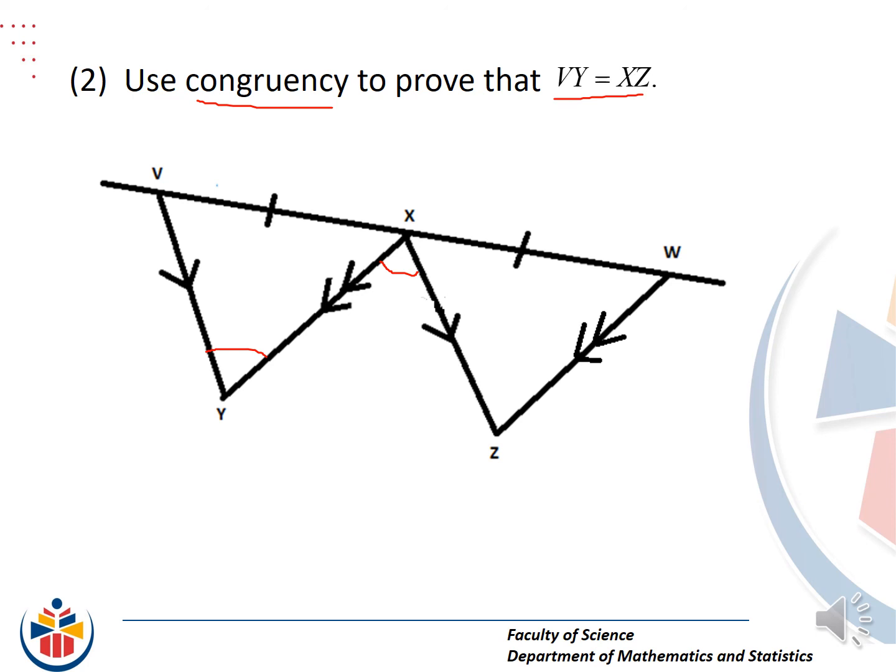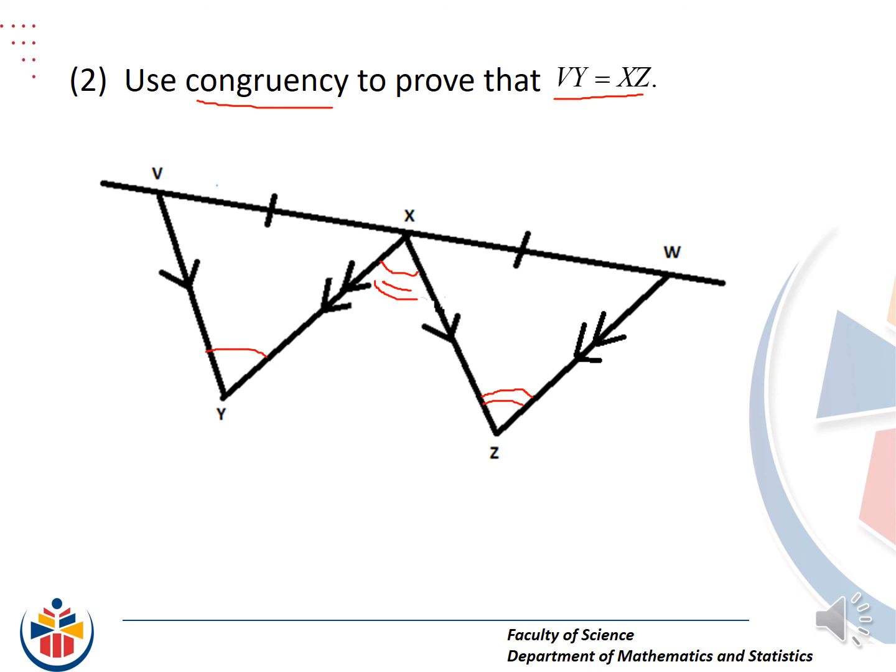And then we go to the other side using the other two parallel lines, looking at XY and WZ. I also get alternate angles. So I believe that angle WZX is equal to angle ZXY, alternate angles because WZ is parallel to XY.